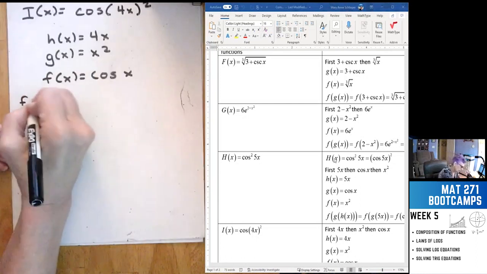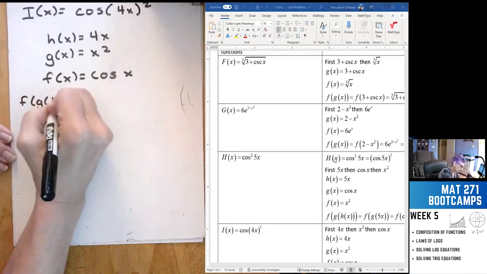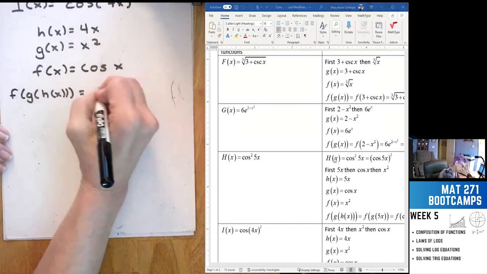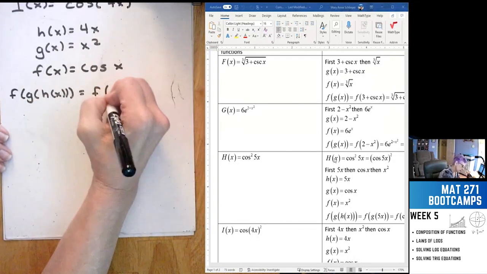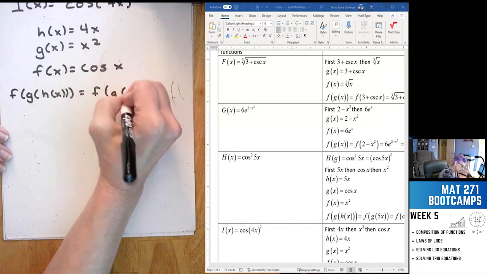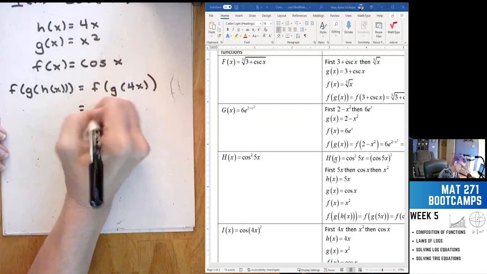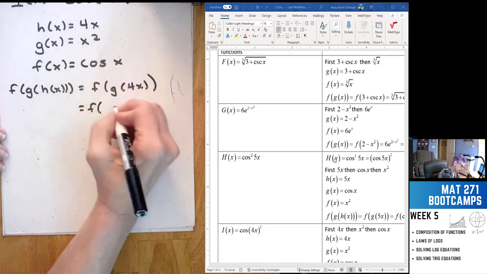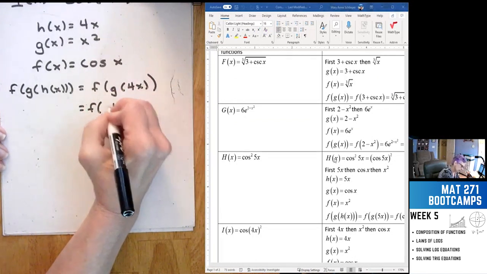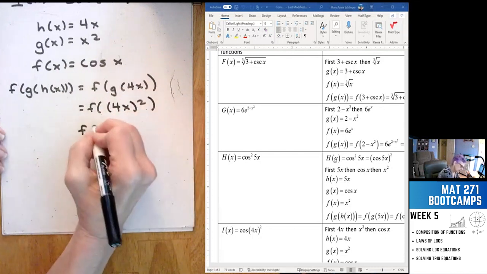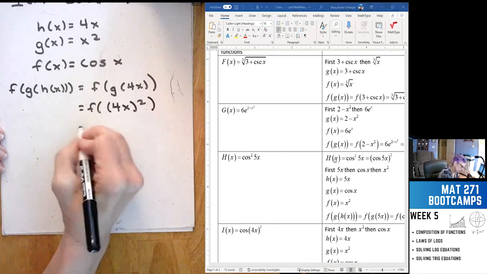And if we do f of g of h of x, then we would be doing f of g of 4x, and g tells me to square it, so 4x squared, and f tells me to take the cosine of it.